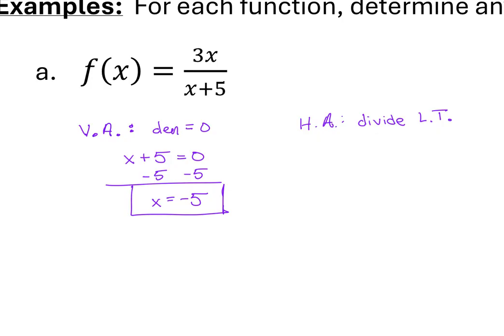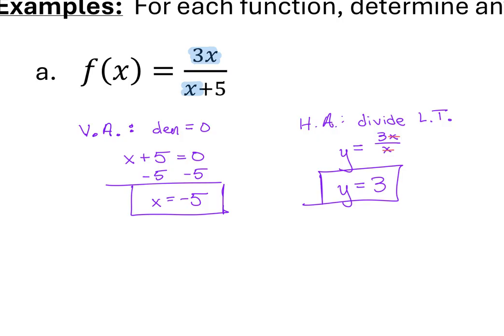Here, if we divide our leading terms, I want to divide just the 3x by x. It is a horizontal line, so I'm going to say y equals. If we divide 3x over x, this does simplify. We can cancel out our x's, and we are left with y equals 3. And that is our horizontal asymptote, y equals 3.